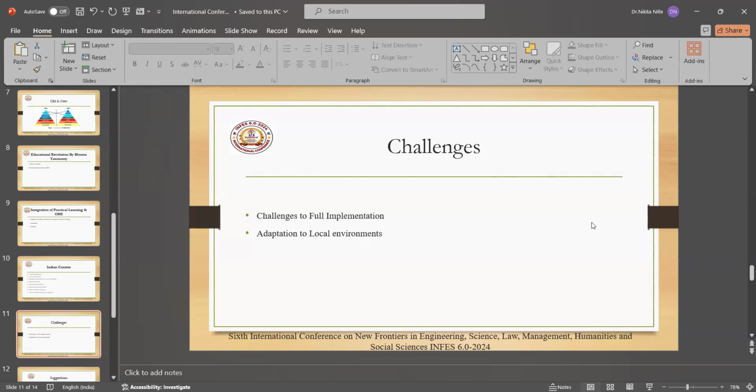Full implementation is sometimes not possible in terms of creativity, because in subjects like mathematical subjects, the creative step, that is the sixth level, is not able to be achieved 100%. But if we talk about theoretical papers or management papers, the full implementation is possible. So the challenges can be taken in terms of theoretical and practical based papers.